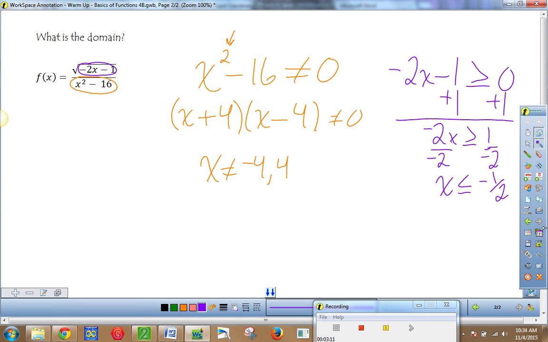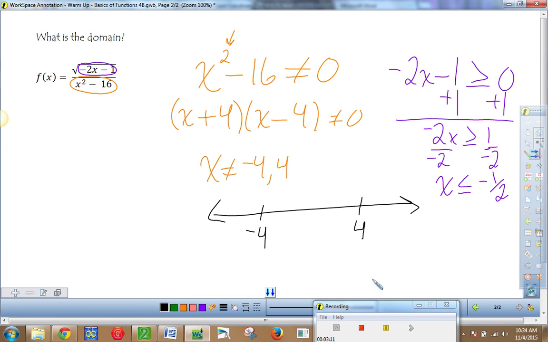Number line is the absolute easiest thing you can do. Take a number line and throw these values on it. I've got 4. I've got -4. Where does -1/2 go? Between them. What do I have to put on these two? These guys get open circles. This guy gets a closed circle.